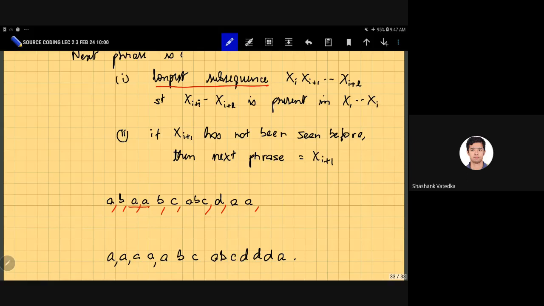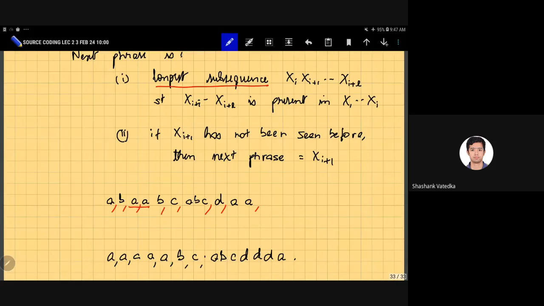The next phrase, what is the next phrase? Just A. The next phrase is B. The next phrase is C. The next phrase is ABC, right? We're at this particular point over here, and the longest match that we can find, we've seen A, we've seen B, we have seen ABC. There's a match over here, but not ABCD.